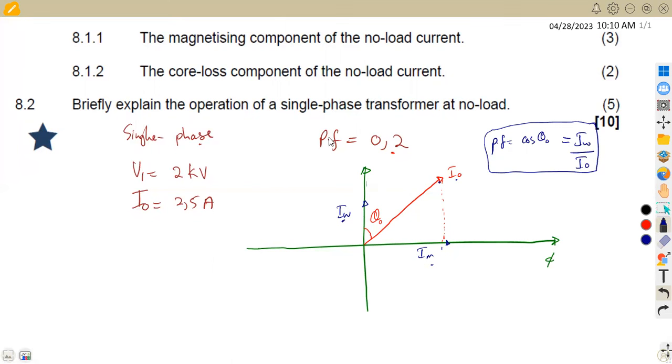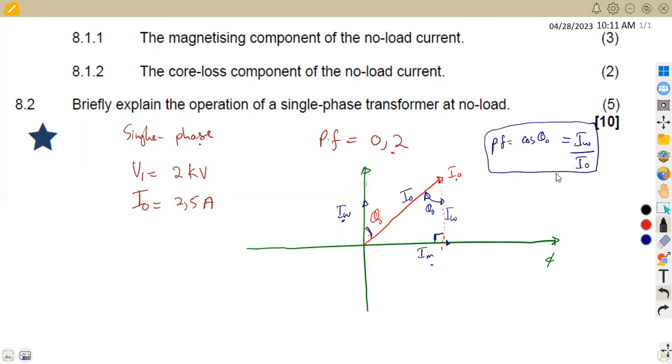The relationship that we have so far is from this power factor, and also to note that this angle that we see as our theta is the same as the angle in between here. So we can take it here as our theta like this. If you have to understand from this diagram, it means that this whole part is your IO. This one is your IW. This is your IM. So we can play around with this theta with any ratio.